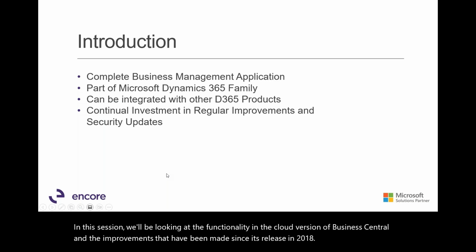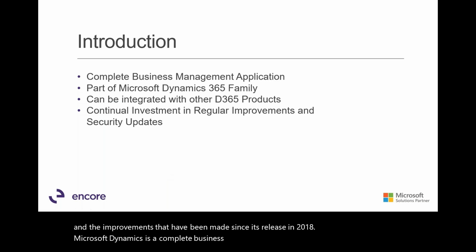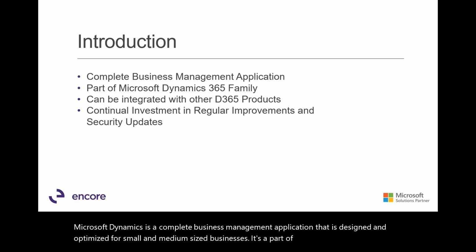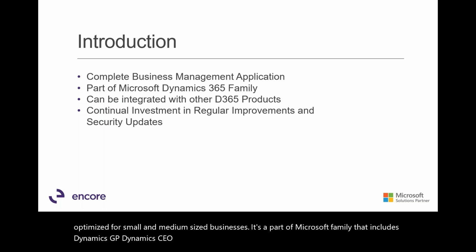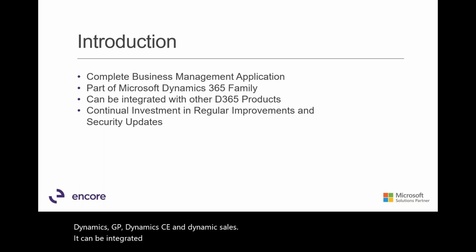Microsoft Dynamics is a complete business management application that is designed and optimized for small and medium-sized businesses. It's a part of Microsoft family that includes Dynamics GP, Dynamics CE, and Dynamics Sales. It can be integrated with other D365 products, such as Excel, Word, Outlook, and Teams.